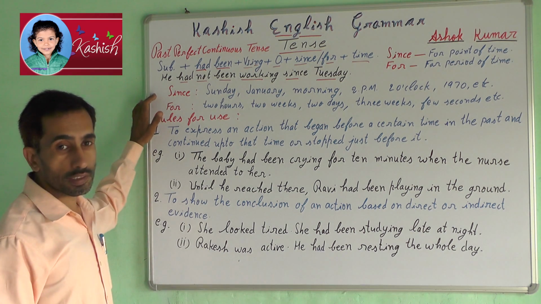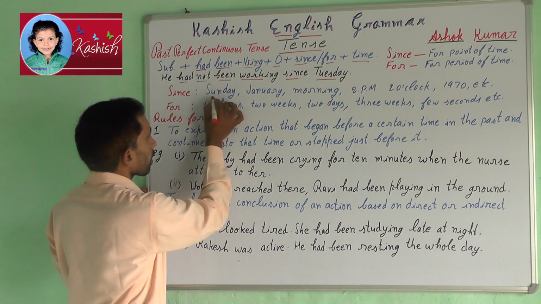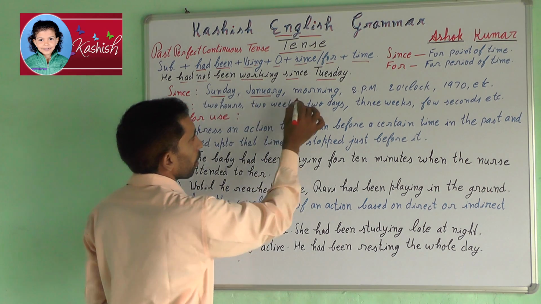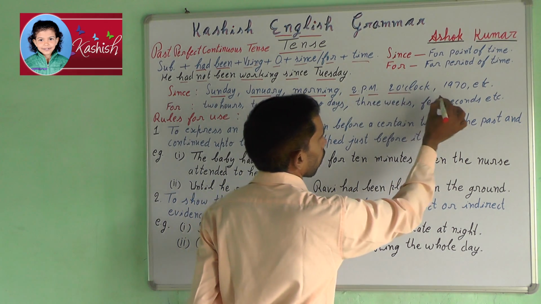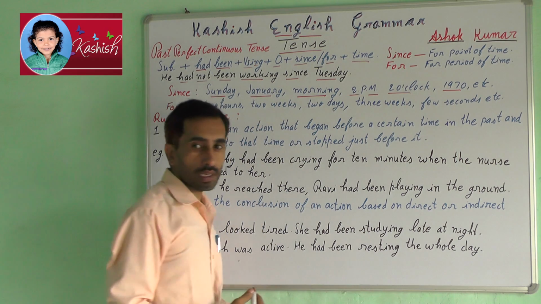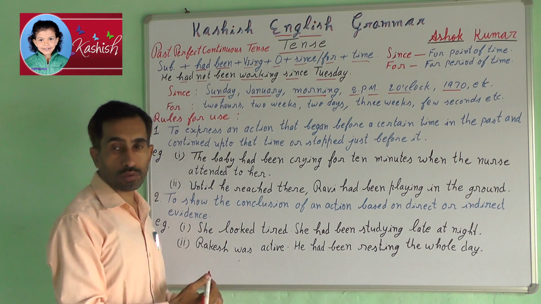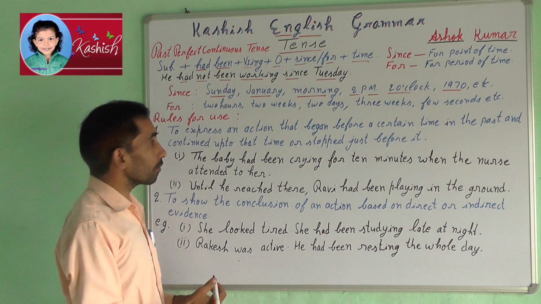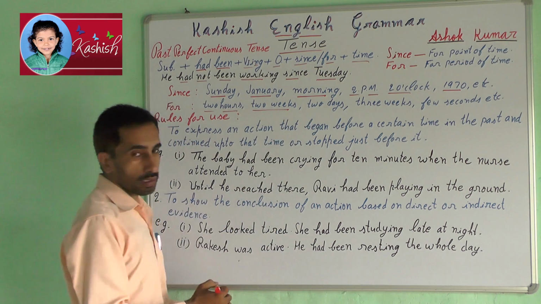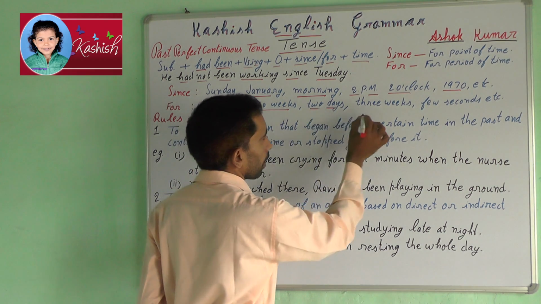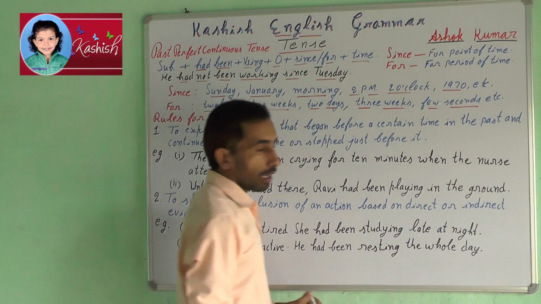Since is used for point of time such as Sunday, January, morning, 2 p.m., 2 o'clock, 1970, etc. For is used for period of time such as 2 hours, 2 weeks, 2 days, 3 weeks, few seconds, etc.